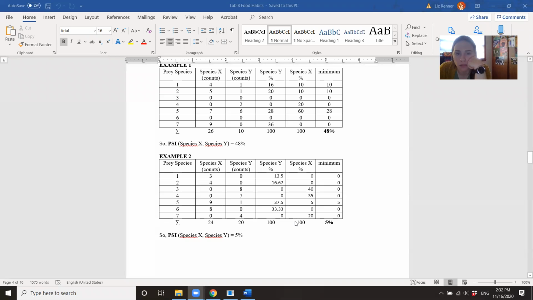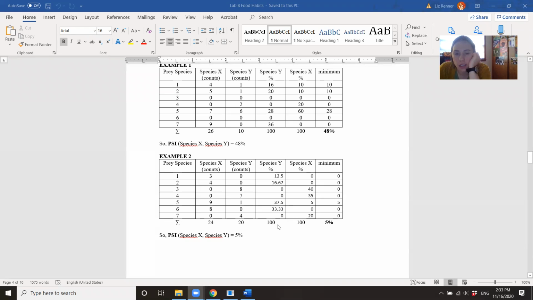Basically it's like the percent out of the total for each of those species. And so we get those values: 12.5%, 16.767, 37.5, and 33.33 for each of those.